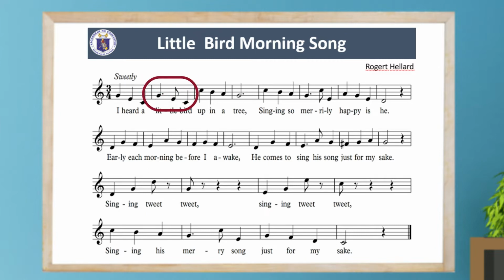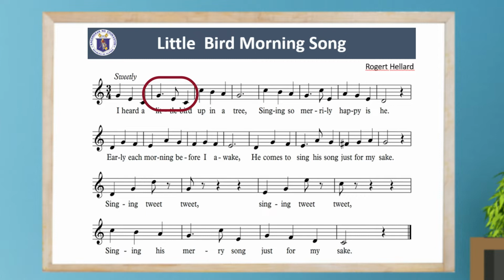Can you give the equivalent beats of each note in the second measure? Great. Dotted quarter note receives 1.5 beat. 8th note receives 1/2 beat. And quarter note receives 1 beat. So, if you are going to add all the equivalent beats of each note in the second measure, how many beats are there in all?